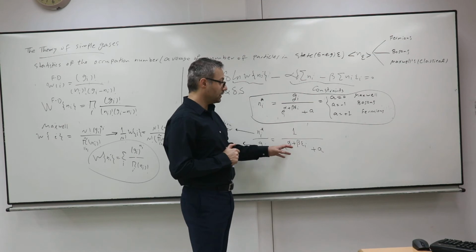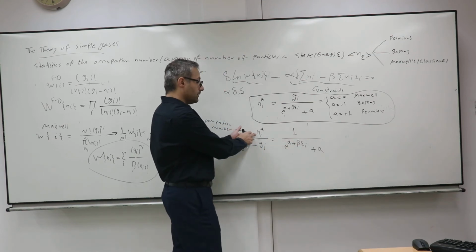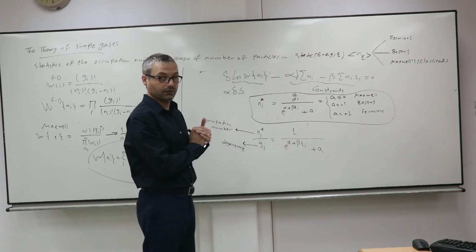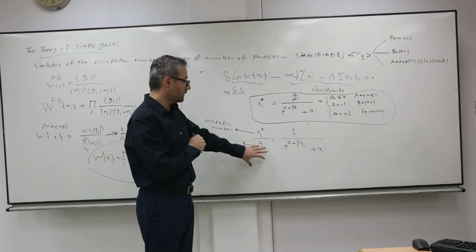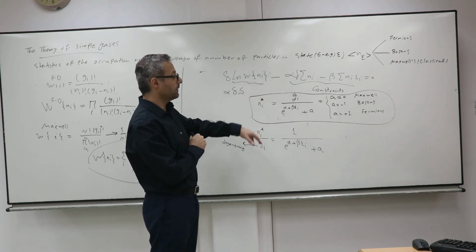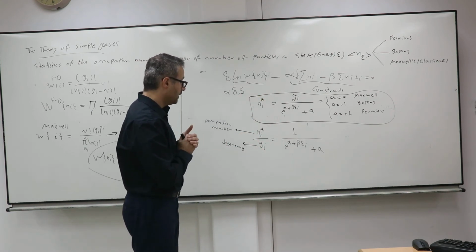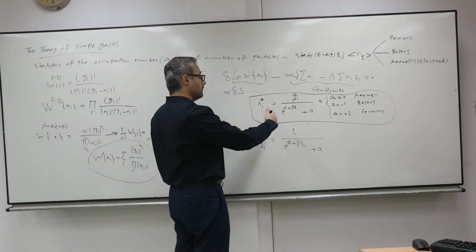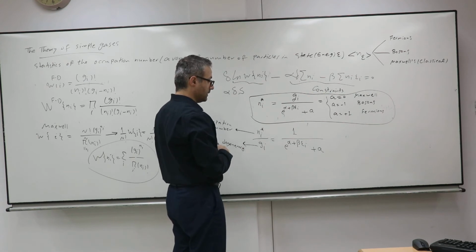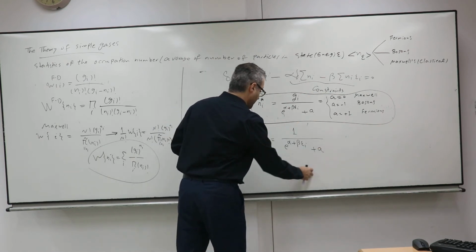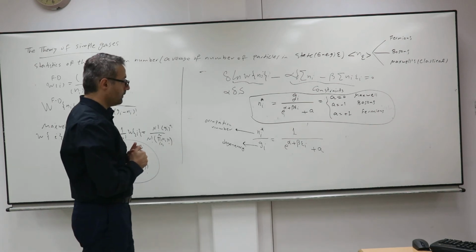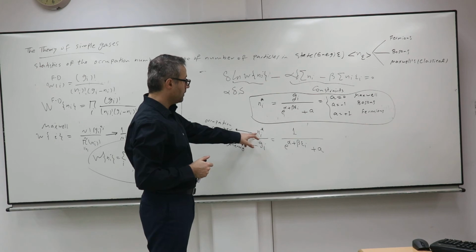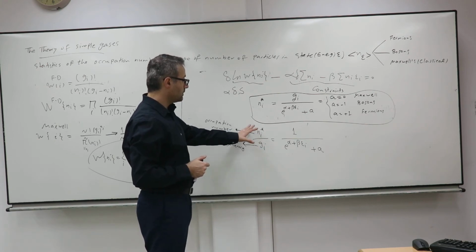So this exponential, what is this? I told you, this is the number of particles that can sit in the energy level E_i. Each particle can sit more than one time in each energy level. This is some kind of probability actually, like you have a fraction over the total, so it looks like a probability.